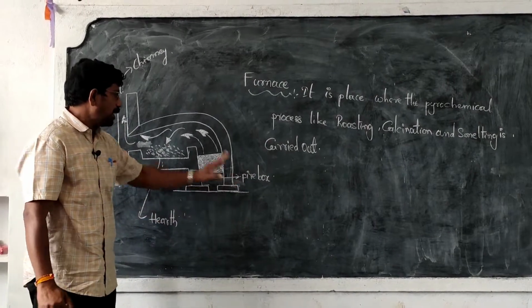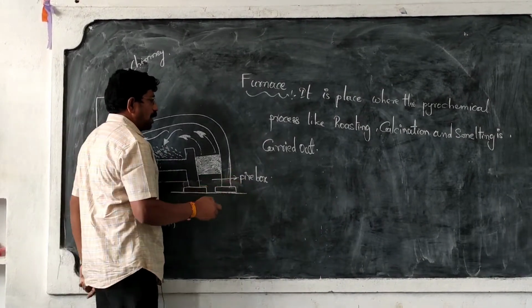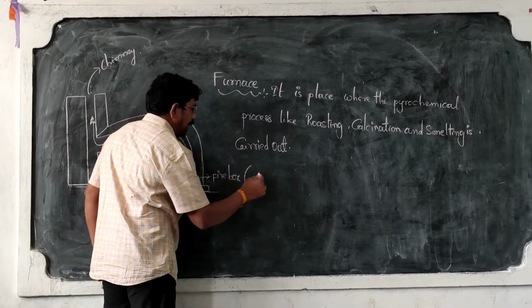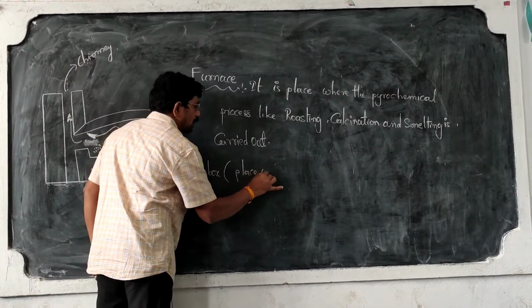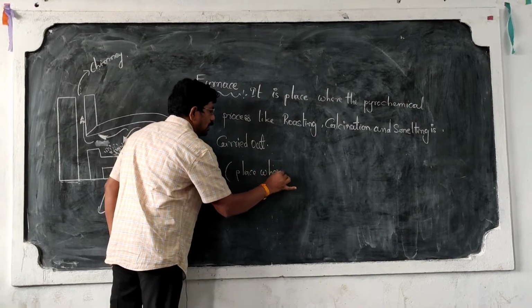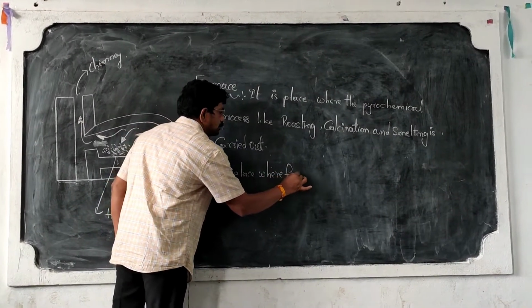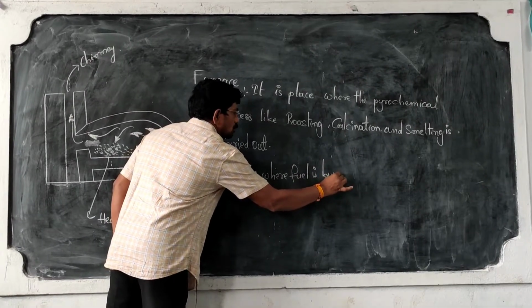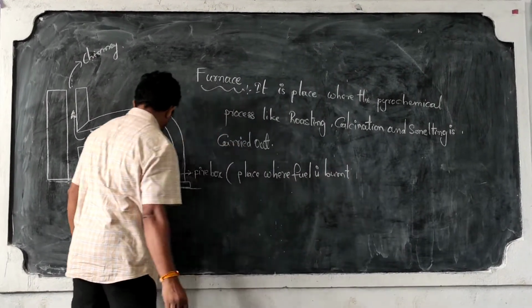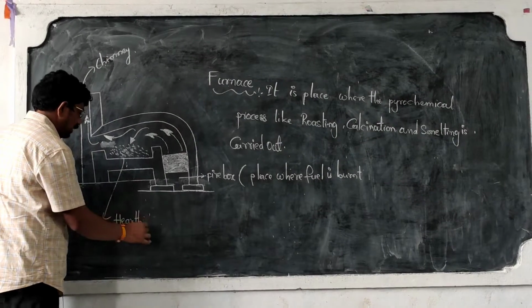So it has three main parts. One is the firebox. What is firebox? Firebox is a place where fuel is burnt. Next one, hearth.